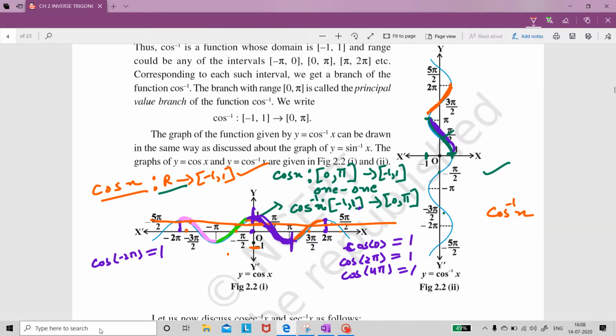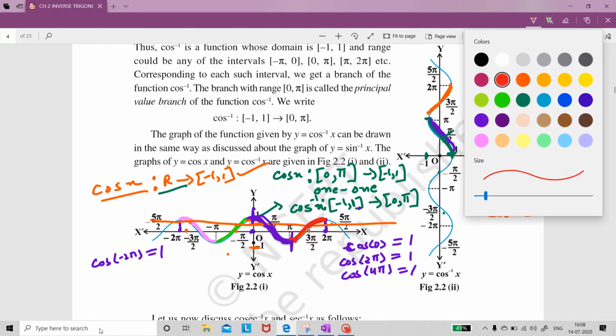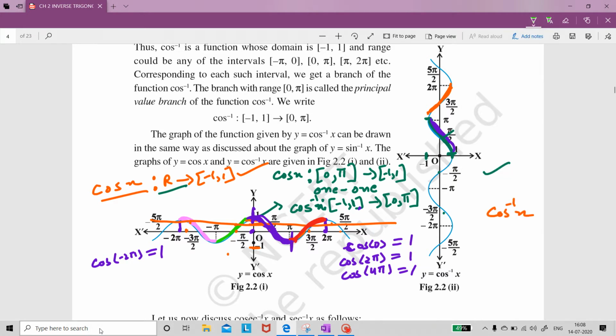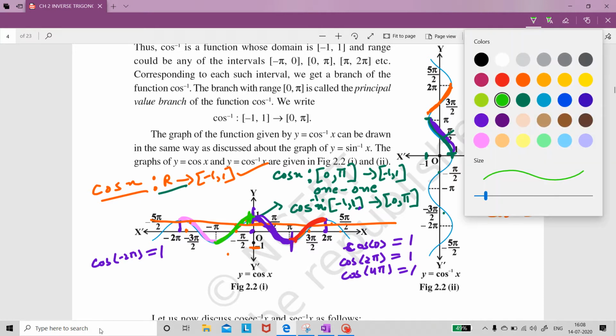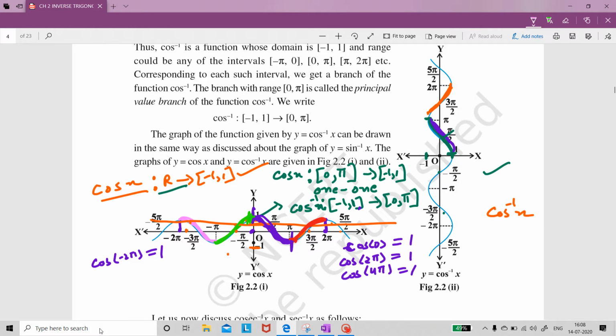Or if the curve is only from here to here, then also the function is one-one, because no value is repeated. And similarly for other branches also, if the curve is restricted from here to here, then also it is one-one. Or from here to here, then also it is one-one.